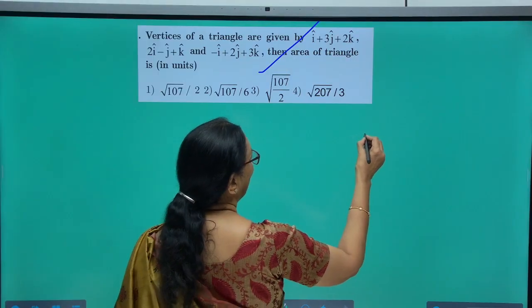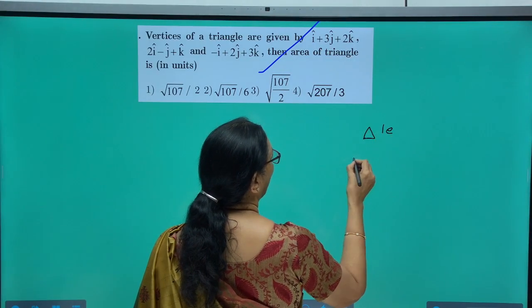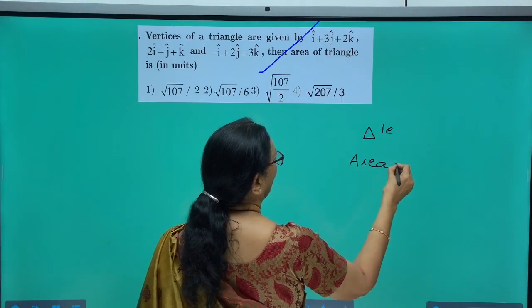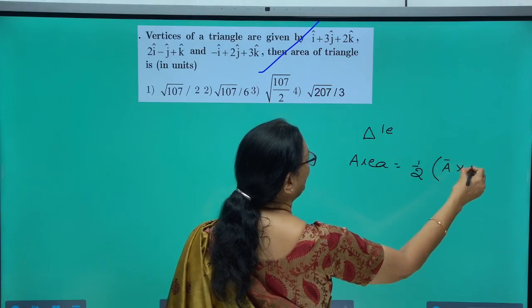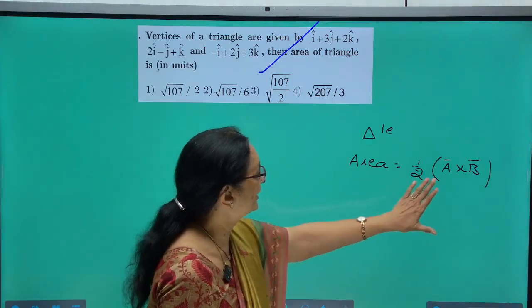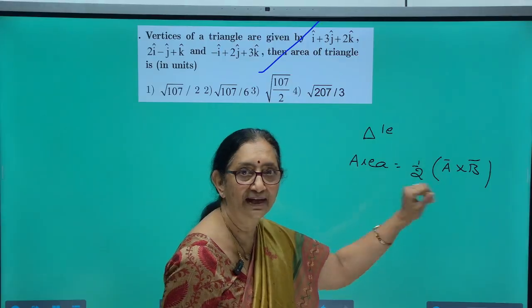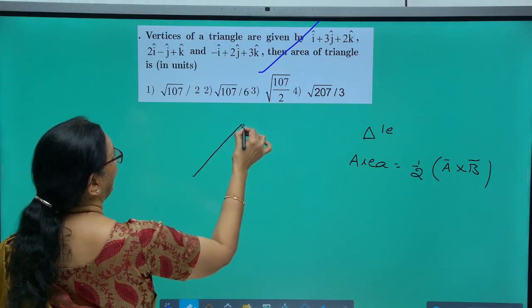Similarly, area of a triangle is equal to half of A bar cross B bar if A bar and B bar are the adjacent sides of a triangle. Right?